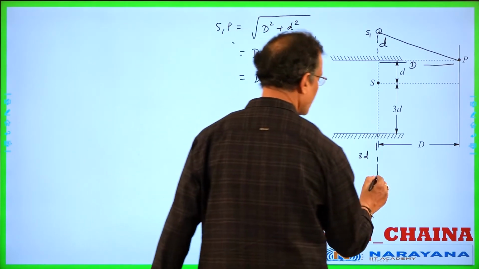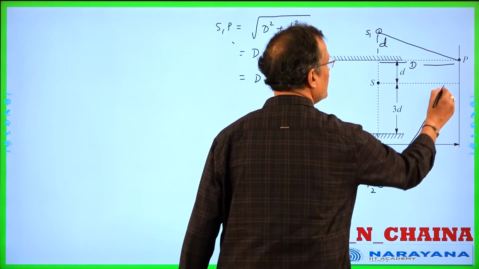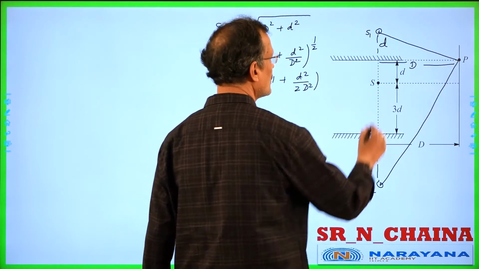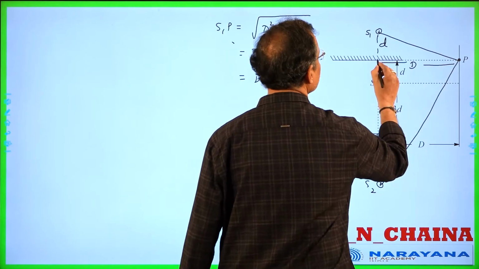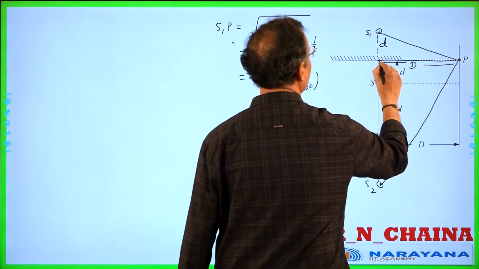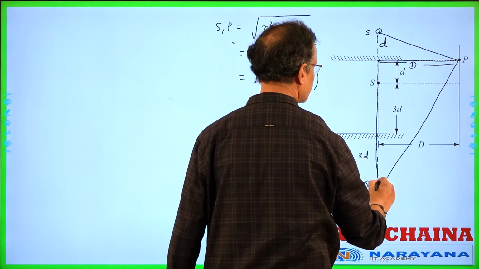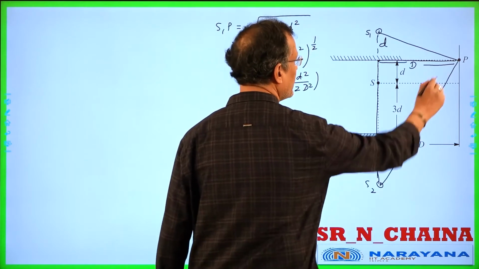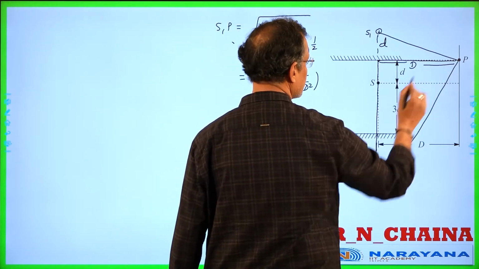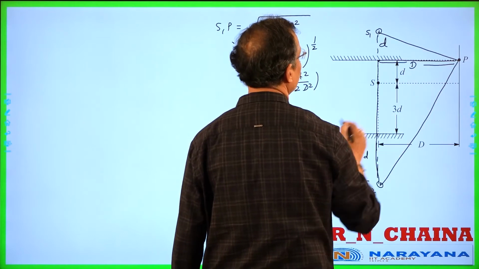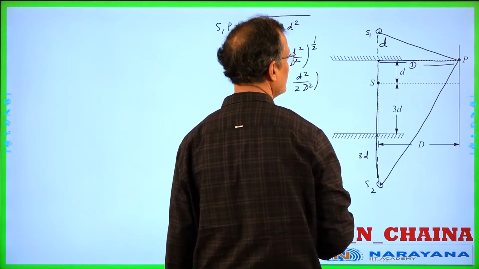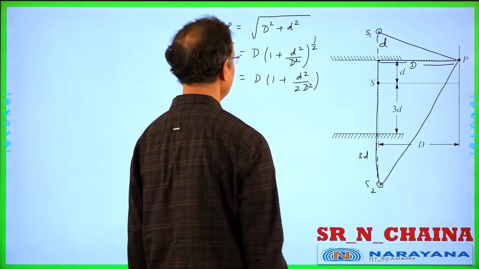Now, go for S2P. So, this will be the triangle from here and here. This is the triangle. I want S2P. This distance is D. This is 3 plus 1, 4, and 3, 7.